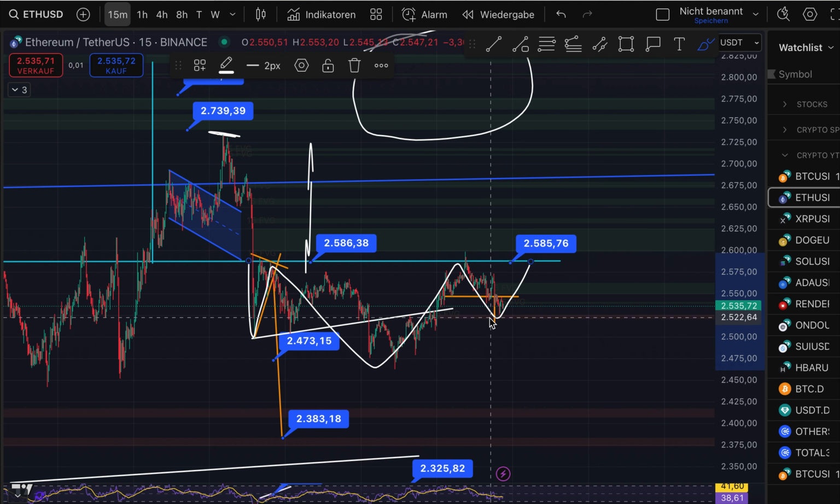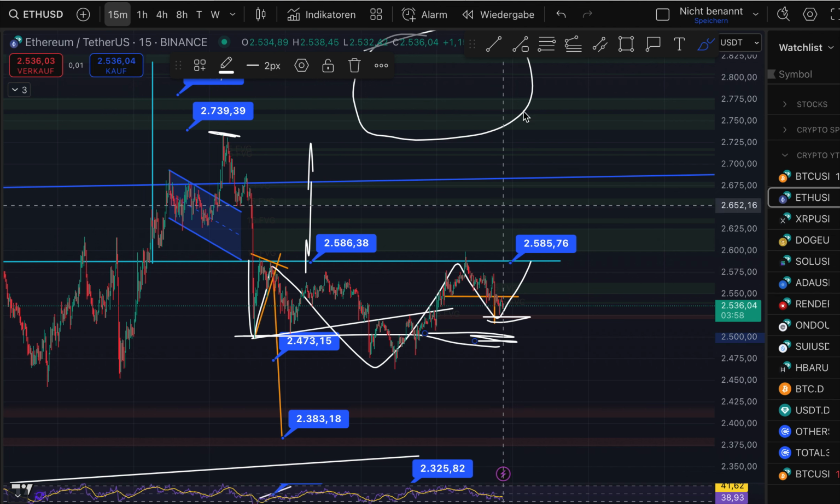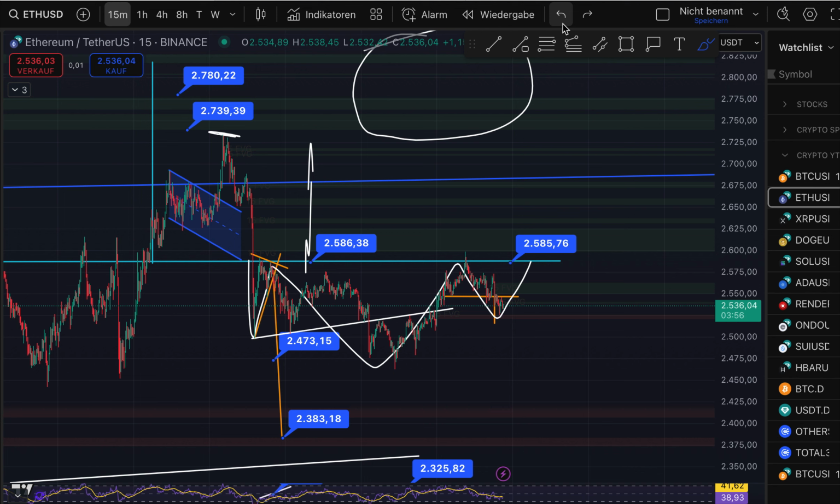Keep in mind, the right shoulder is currently here. It can still get down to the low of the left shoulder, means the 2,500 US dollar. So this one here. We can still drop there, and the inverted head and shoulders formation would still be ongoing.